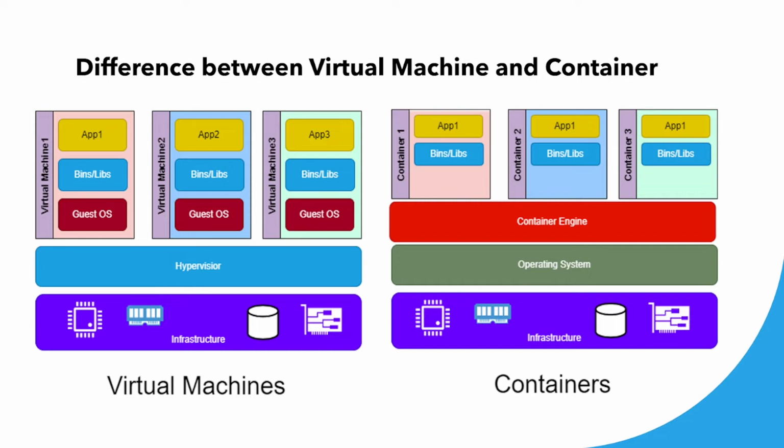So the thing is, the container runs on its own namespace, right? And another thing about Docker is most of the Docker images are Linux based. What if there is an application which requires Windows?